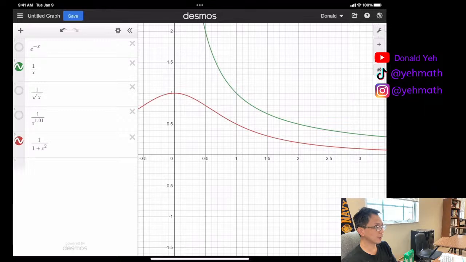You can integrate 1 over x, I mean, you just cannot take a definite integral from 1 to infinity because the area is way too large. It's gonna keep on accumulating more. It's not gonna converge into a value. So that is exactly why it diverges. Anything below that line will converge.